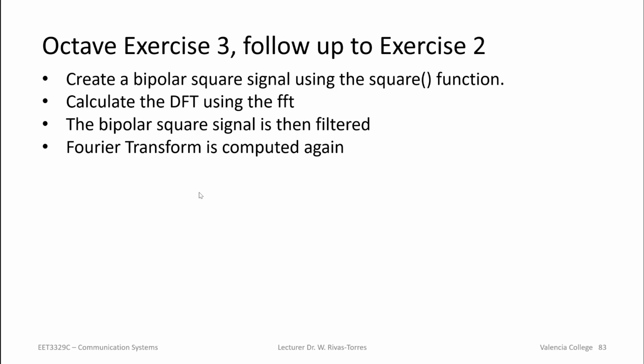And then we're going to take our bipolar square wave, and I call it bipolar because it doesn't go from 0 to 1. It goes between 1 and -1. And then we're going to do the Fourier transform of that again, right? But after we filter it. So let's look at this and see what we get.